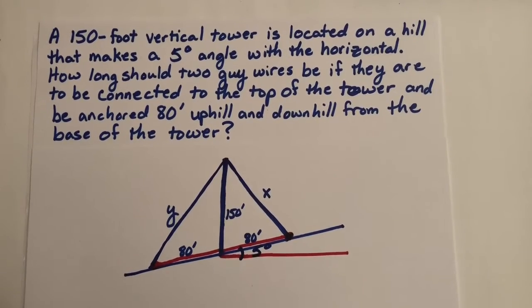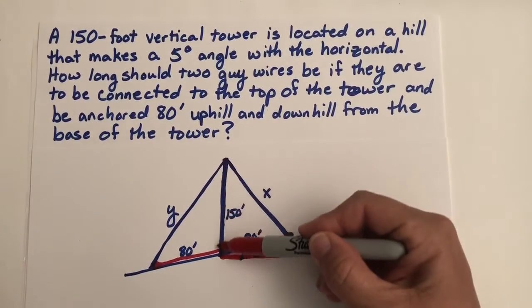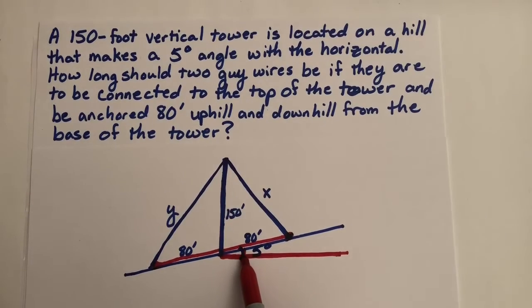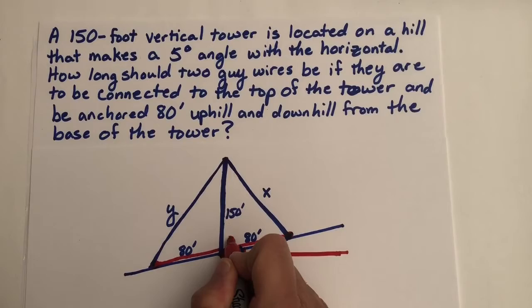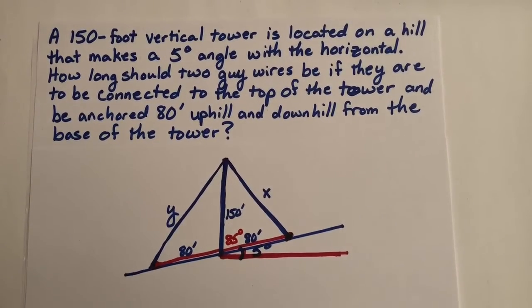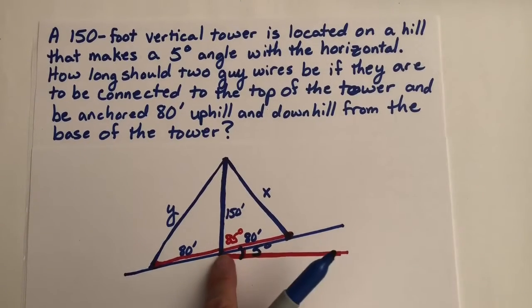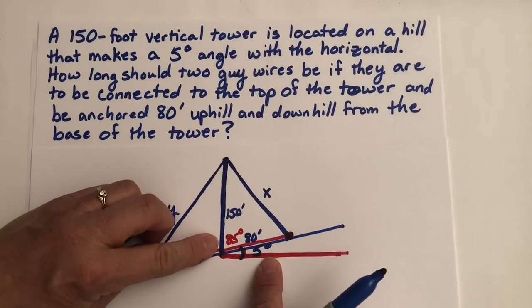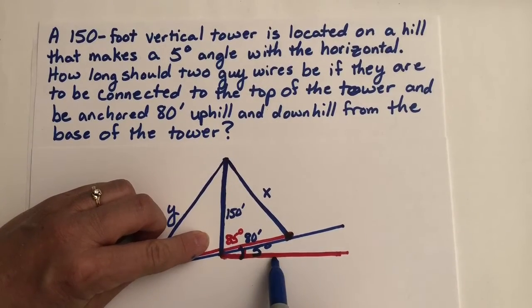Well, if this is a right angle, and it should be, because we have a horizontal line and we have a vertical line, with this little angle right here being 5 degrees, that means the remaining part of this angle should be 85 degrees. Right? I don't know if you can see it very well right here, but we have a 5-degree angle and an 85-degree angle that would add up to that 90 degrees.